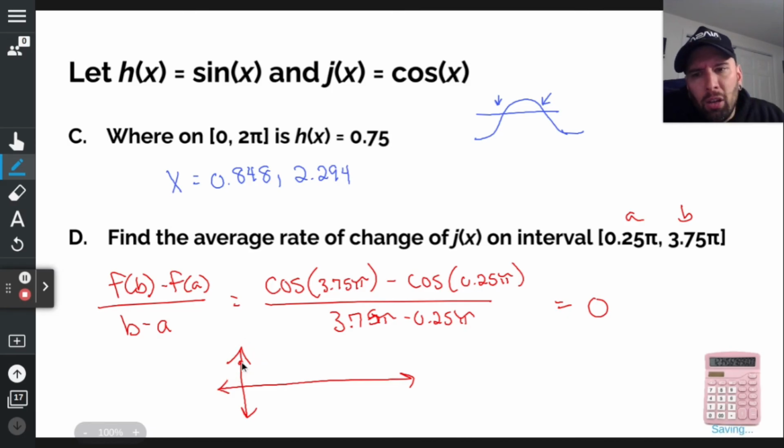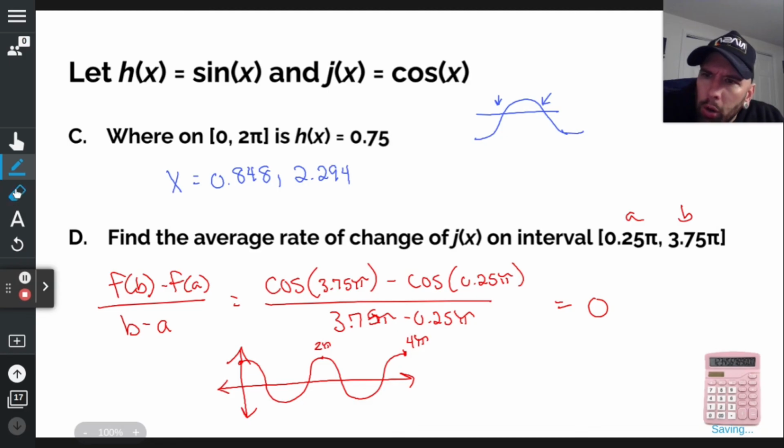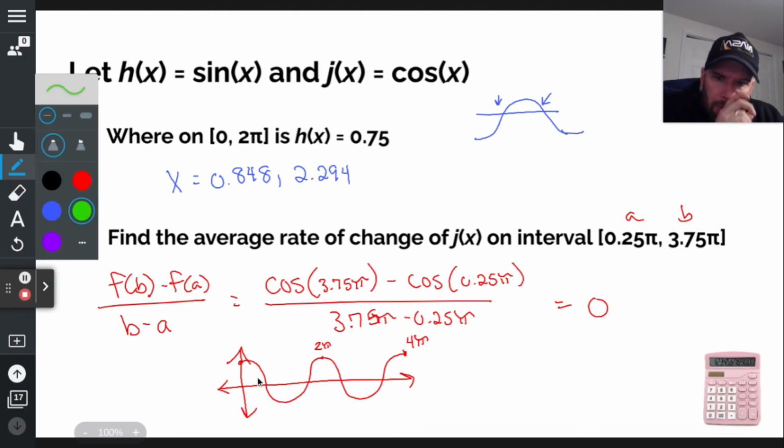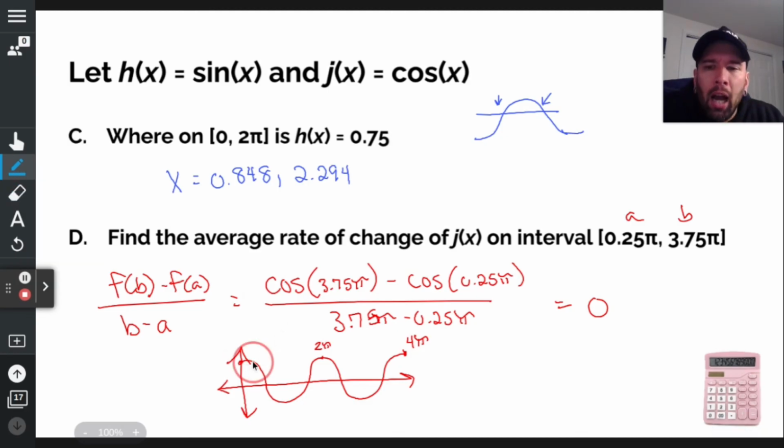All right, so cosine starts up here. Okay, there's 2 pi. And there's 4 pi. Okay, a quarter of a pi after my initial beginning, I'm like right here. A quarter pi before 4 pi, I'm at the same exact level.